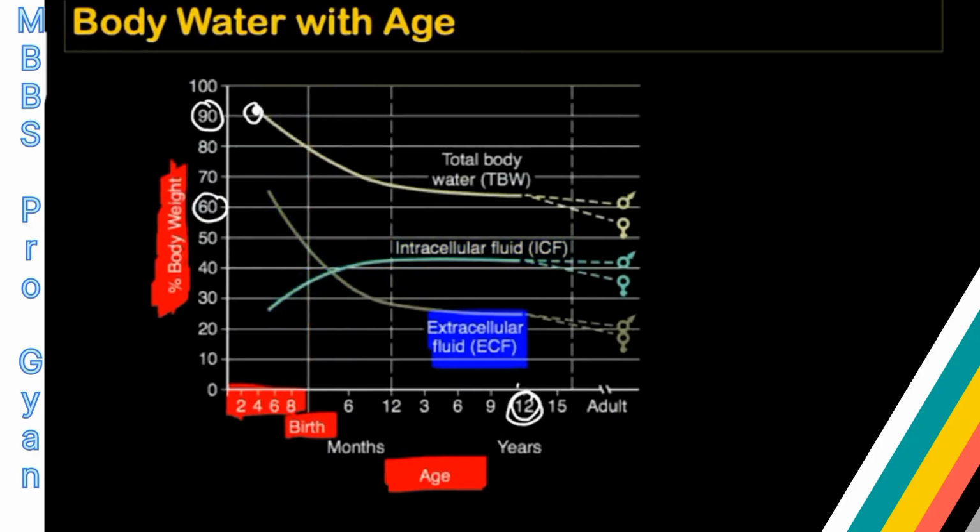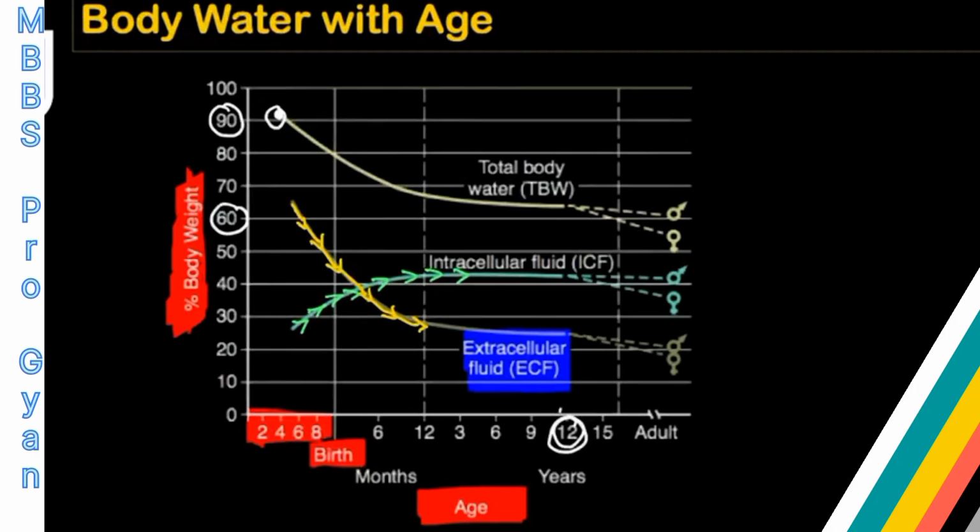But what is happening, if you follow this curve, is that ECF, although very, very high in the intrauterine life, is gradually decreasing, and intracellular fluid, which was lower than ECF in intrauterine life, is gradually rising like this.